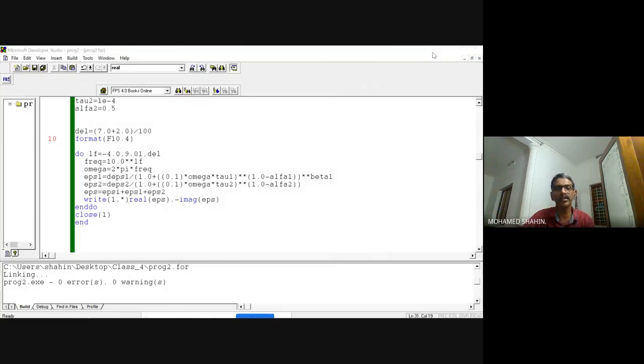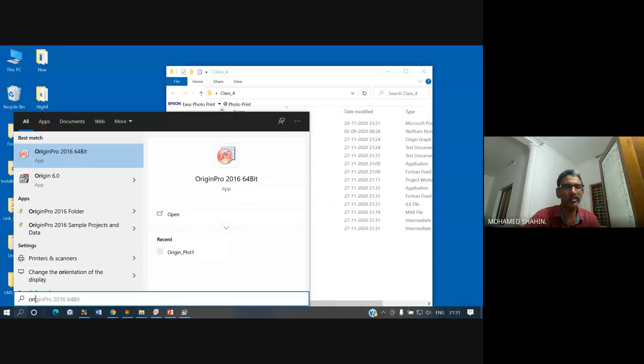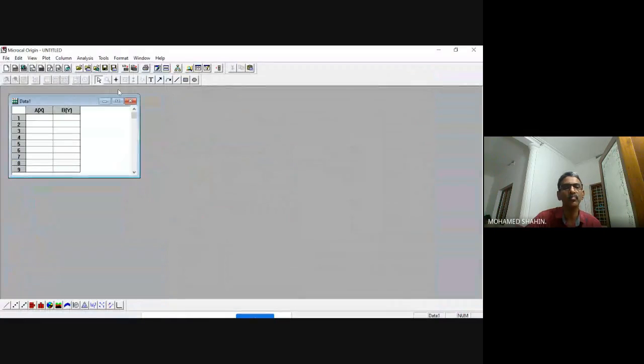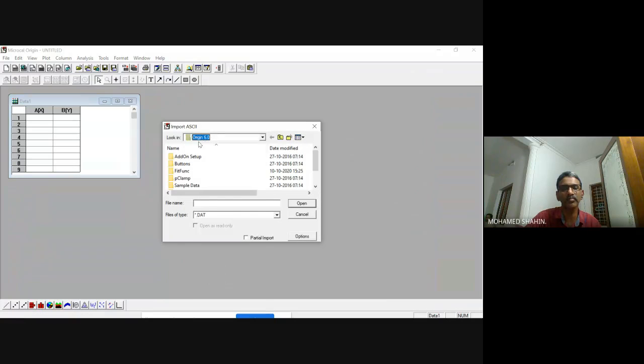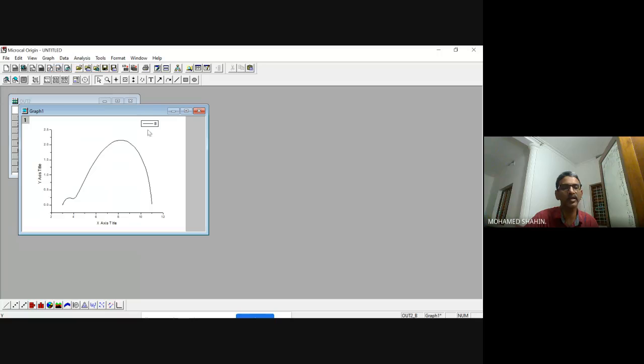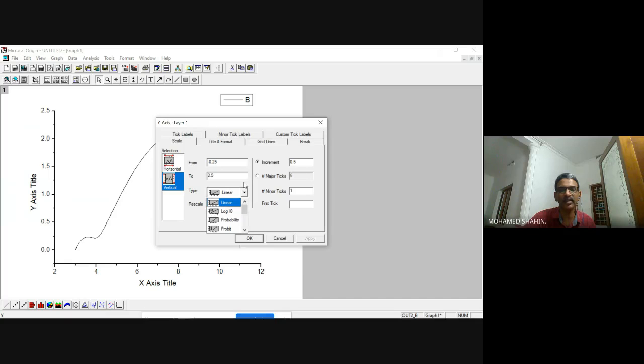Okay. Now you go to another Origin file, and go to import program for desktop, class 4. Now text how to plot line. Again, I said yesterday, this must be plotted in the same scale. It must start from 0.